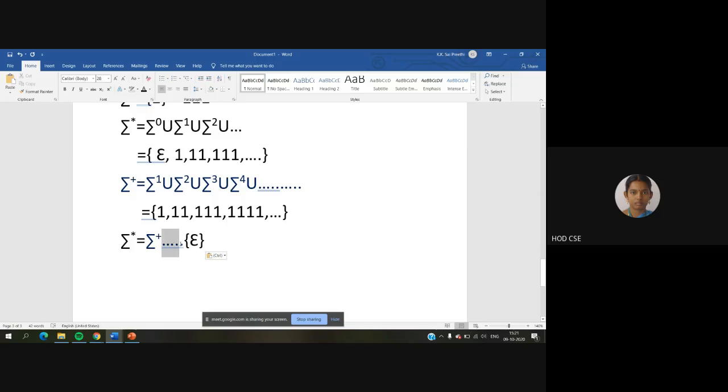What operator can I put here in order to make this statement true? Compare the results of sigma closure and sigma plus. What do you have to add to sigma plus in order to get sigma closure?